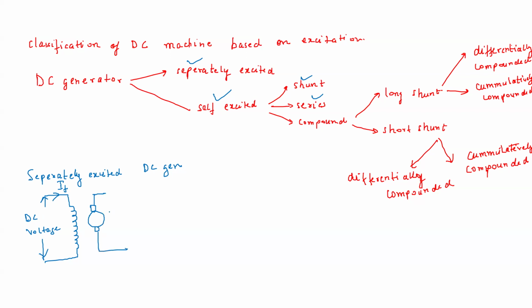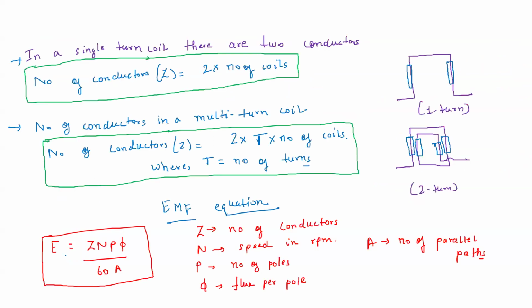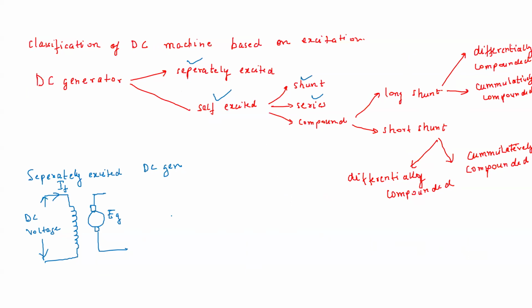Okay. So let us suppose this back EMF is EG. Okay. So everywhere if I'm writing, EG will be this voltage. So this is back EMF or generated voltage. Okay. So this is EG.